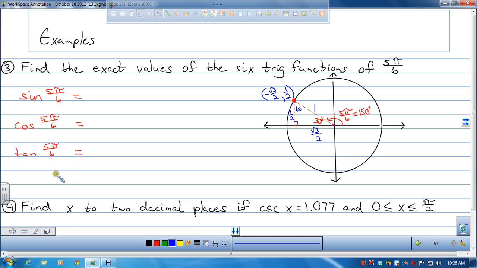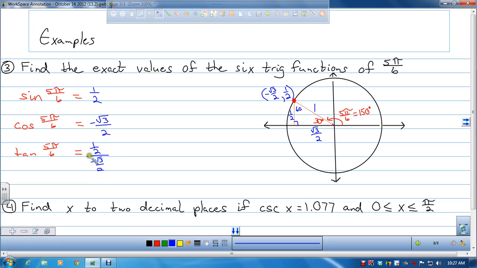So now it should be relatively straightforward to find the sine, cosine, and tangent of all these. I've found 2 of the 3. The sine is equal to y, so the sine is simply 1/2. The cosine is equal to x, so the cosine is negative root 3 over 2. And the tangent is going to be y over x. So there'll be a little math to do here, but 1/2 over negative root 3 over 2.